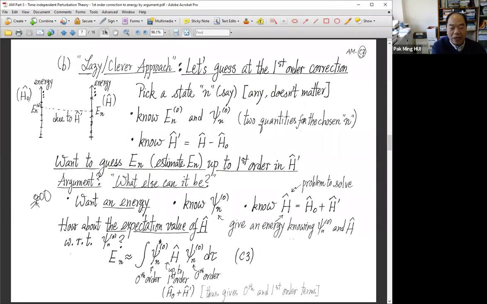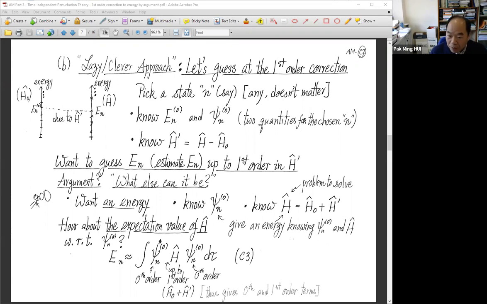Okay, then we get at the first result. First order correction in the energy, okay? So this will be the first result you encounter. The way I want to do it is a hand-waving argument. That is to say, don't derive it, okay?